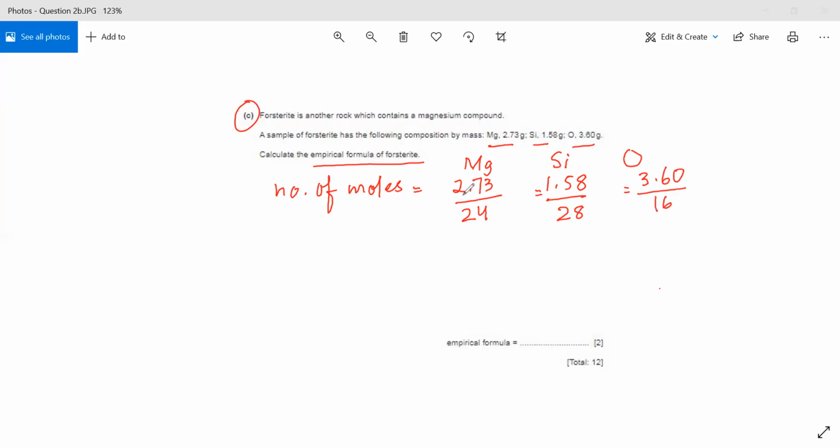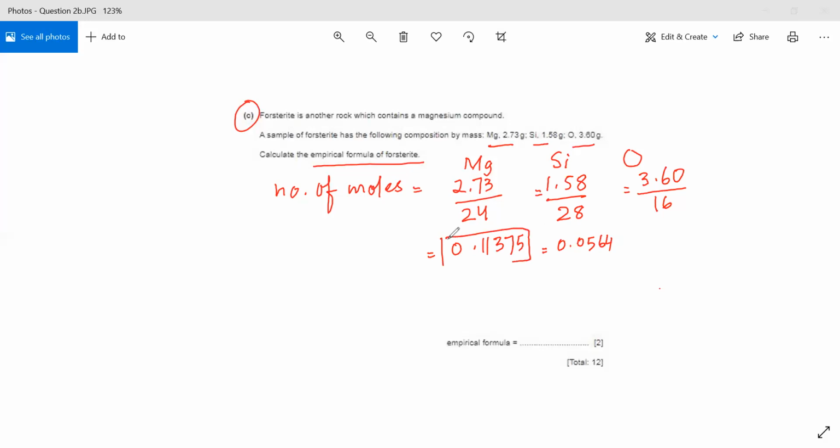Here, all three atomic masses have been taken. So now, when we do our calculation, we divide them. What do we get? We get 0.11375. Let me do my calculation here. Then 1.58 divided by 28, it will be 0.0564.